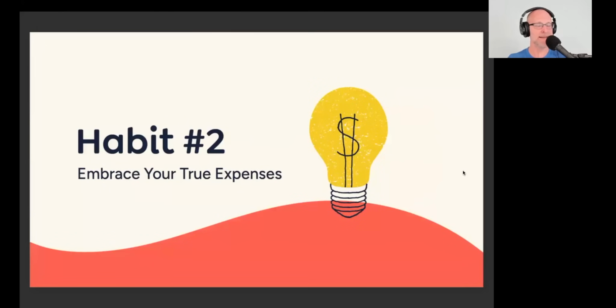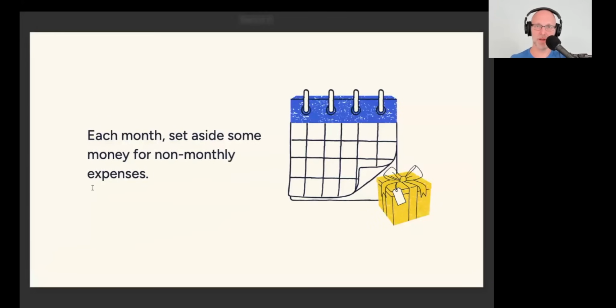Habit two, embrace your true expenses. True expenses are the things you don't spend money on every single month. Things like the annual car insurance premium, or if there's a 6-month bill, a 3-month water bill, things like that. We're going to be embracing them by setting a little bit of money aside every single month.